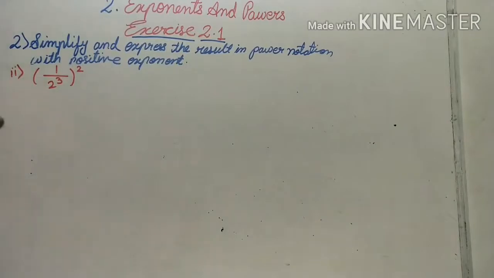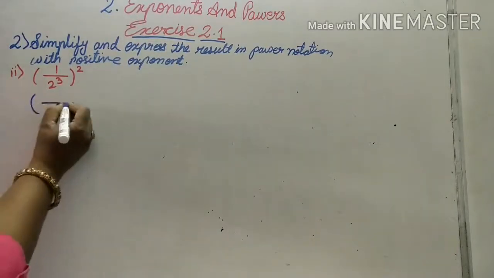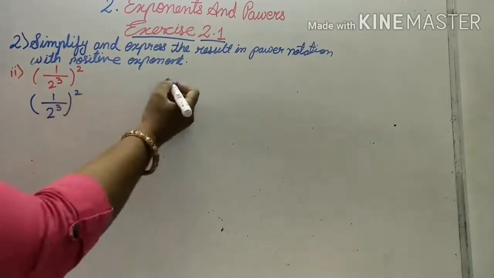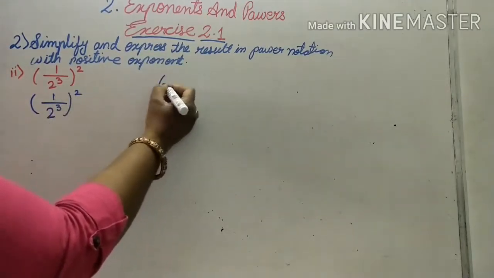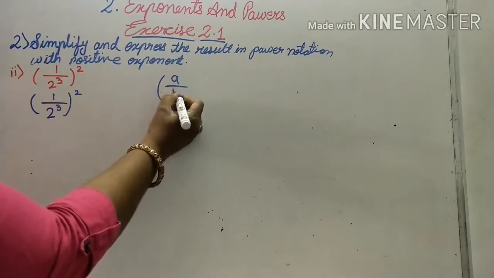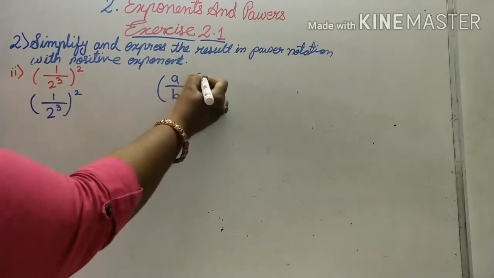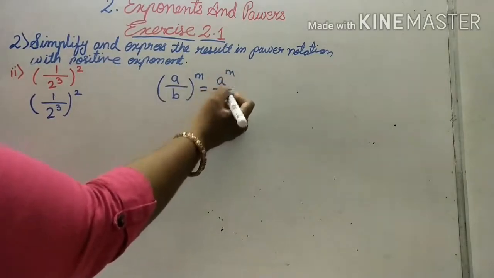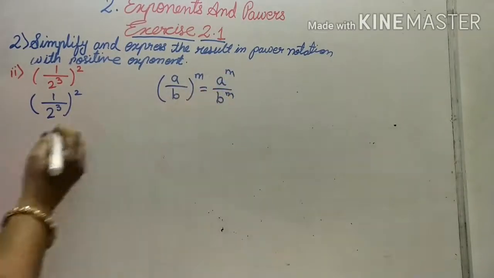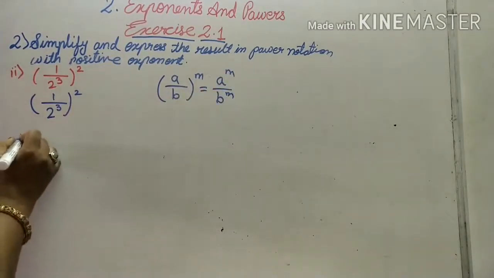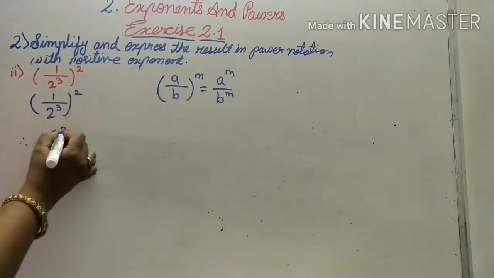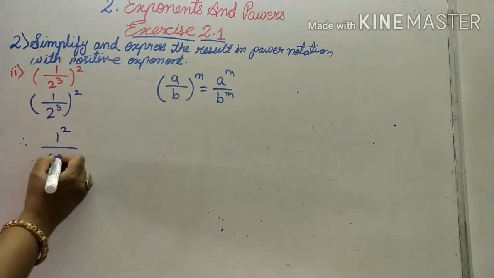Second one. The question is 1 upon 2 raised to 3, all raised to 2. First we'll use the law: a divided by b, raised to m, means this m belongs to a as well as b. Therefore, this power 2 comes here as well as here.